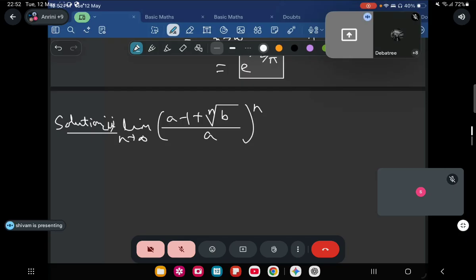So let us apply. It will become e to the power limit n tends to infinity of n into (a minus 1 plus nth root of b), divided by a, minus 1.